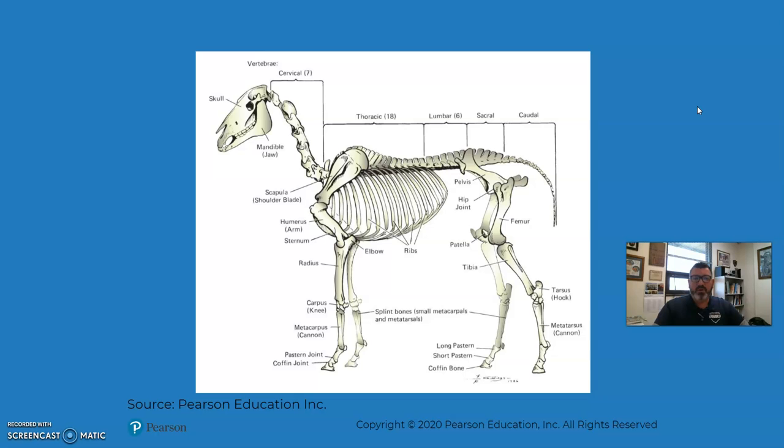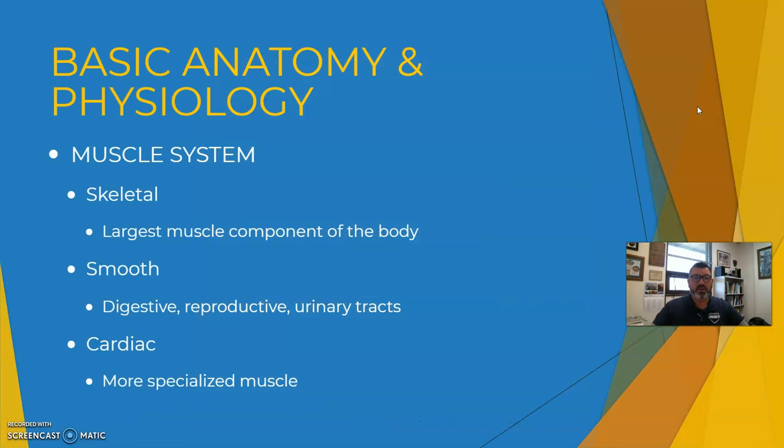Now, I'm not going to require you to be able to name all the bones or the skeletal sections, but it's just a good diagram to reinforce what we're talking about, skeletal. From the muscular system, there are 3 main muscle categories that we need to focus on. First is skeletal muscle, and this is the largest component of muscle in the body and connects the bone to the rest of the body, and provides for movement.